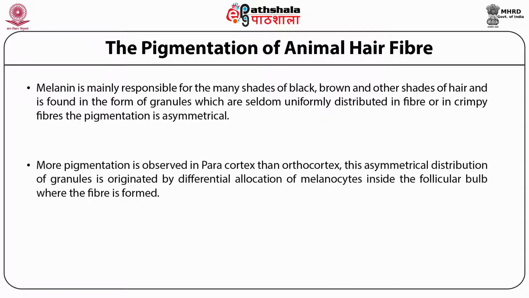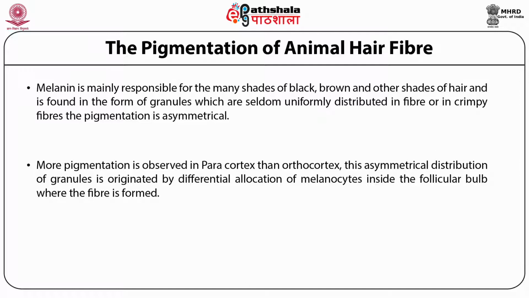More pigmentation is observed in paracortex than orthocortex. This asymmetrical distribution of granules originates by differential allocation of melanocytes inside the follicular bulb where the fiber is formed.